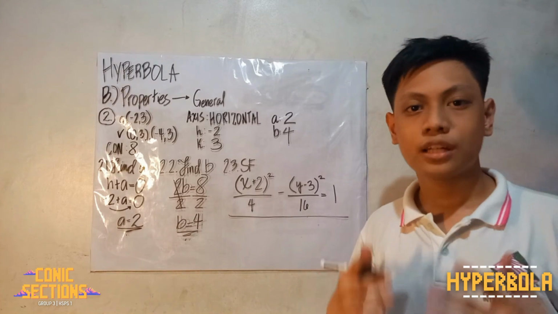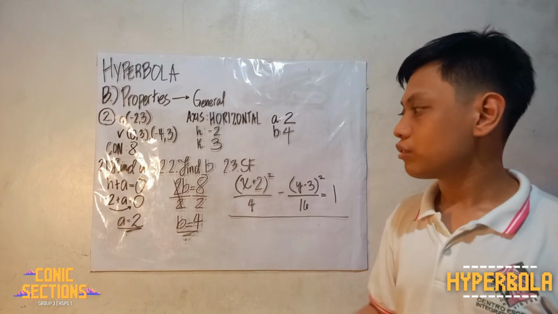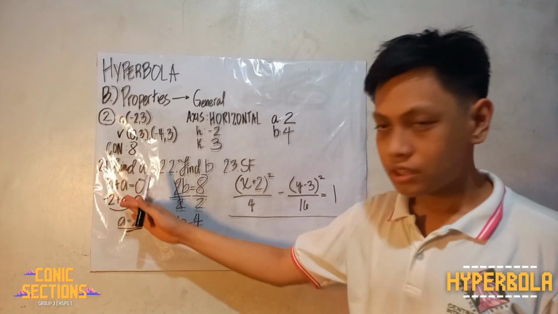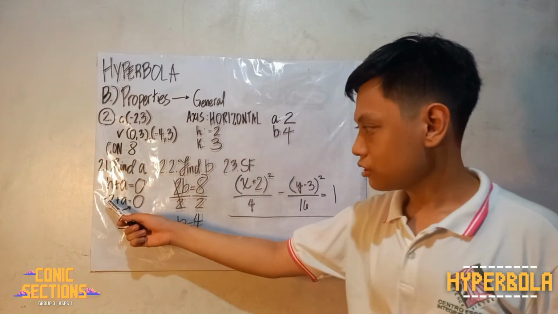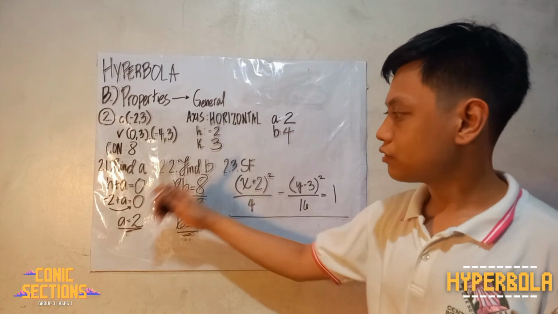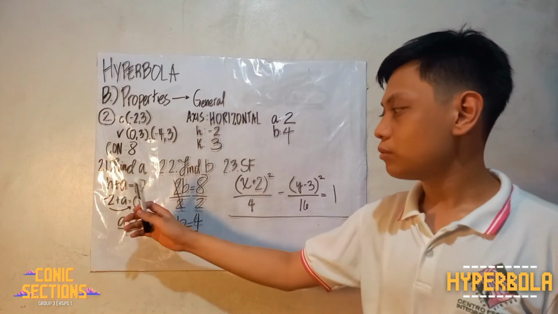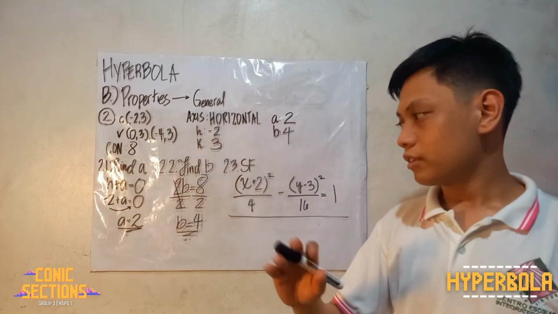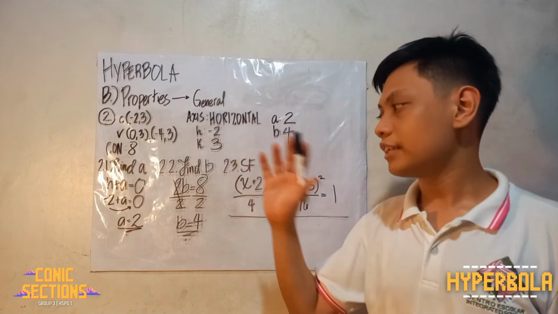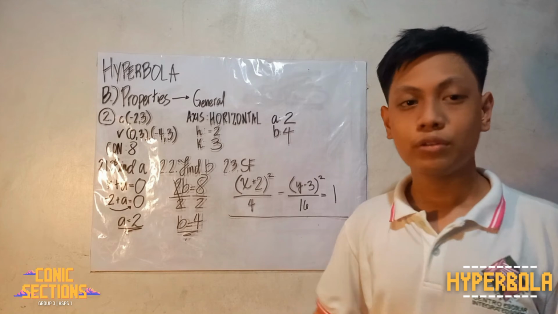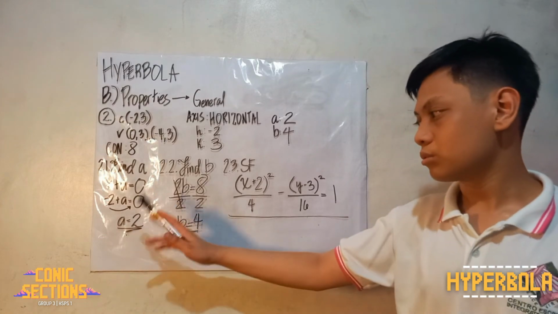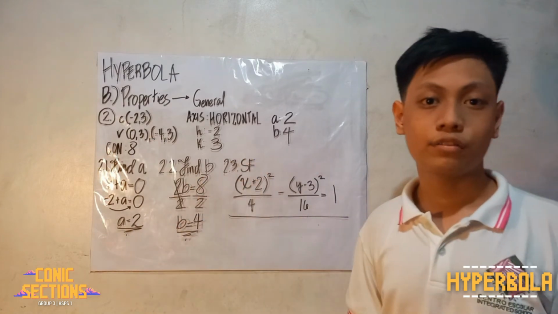You can either choose h minus a, but for me, using the positive version makes it much easier. So once we substitute negative 2 to h, we have negative 2 plus a equals 0. We transpose negative 2, or transfer negative 2 to the other side of the equation, and now we are left with a equals 2. So that is the value of a.